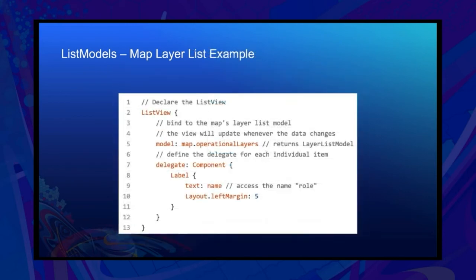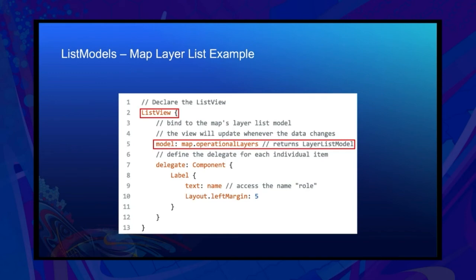So let's look at some code. In this case, we've got a list view. So that's our view. We've got the model, where here we're using property binding like I talked about earlier. So you have model: map.operationalLayers. So you're binding to the map's operational layers.